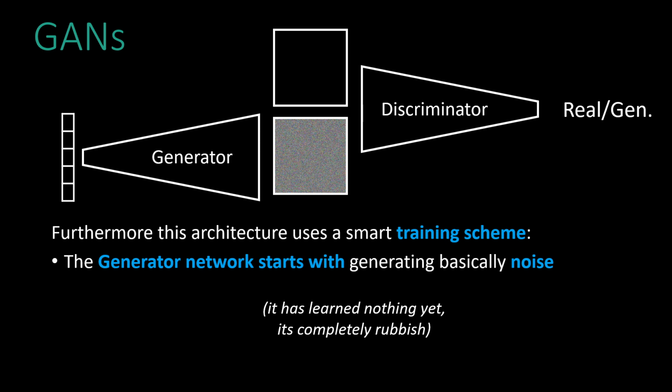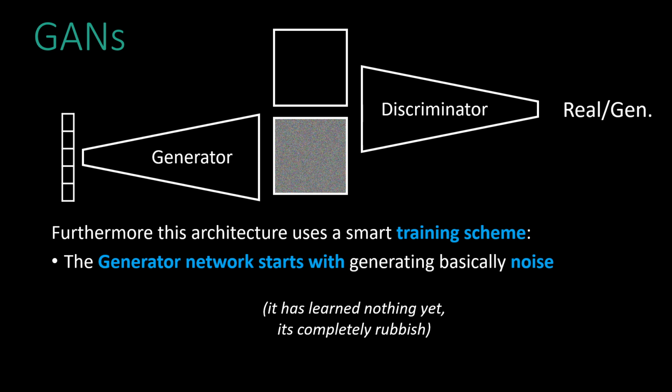Somewhere at the start, where none of these two networks are trained, basically what happens is that we have a vector which is random, and we generate some images from there, but because the network is not trained at all, the images we generate are rubbish. Basically, they are also like noise. So from random, we get random.